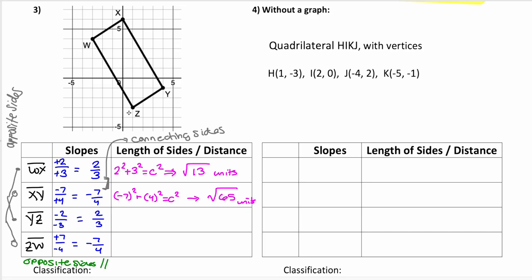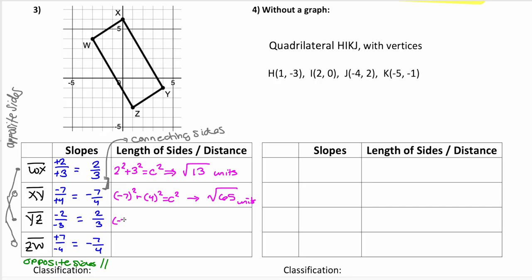Then from Y to Z, I can count it, or I can use my change in Y and change in X. From Y to Z is 1, 2, 1, 2, 3. So 2 and 3. And I do have a negative 2 and a negative 3, but again, we can utilize that without the signs at all because it's just counting, or we can use the parentheses.